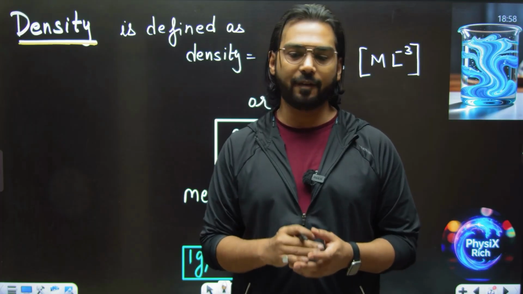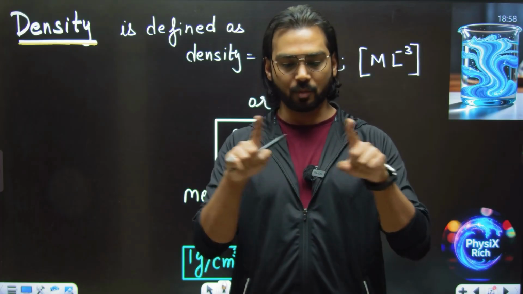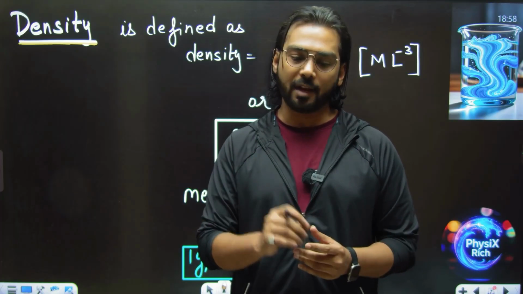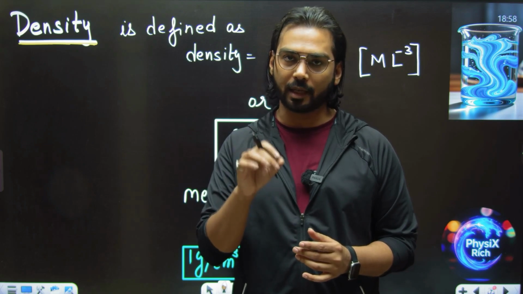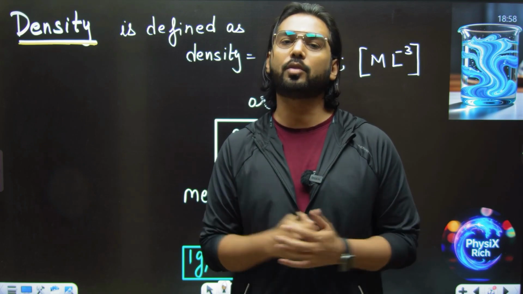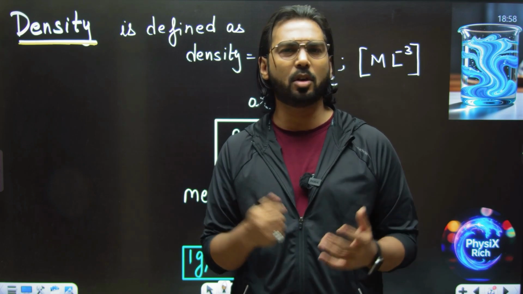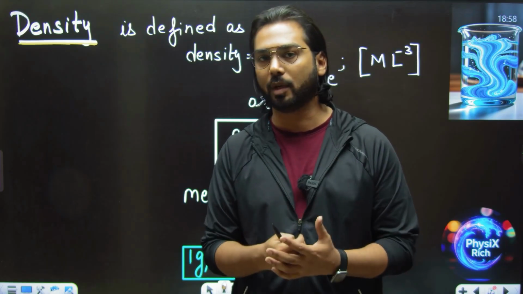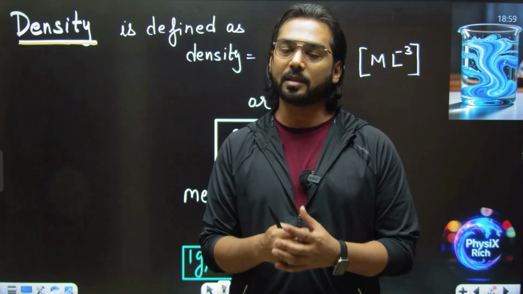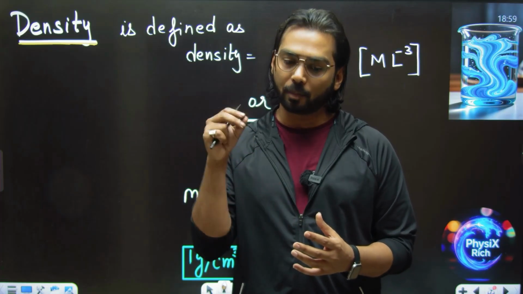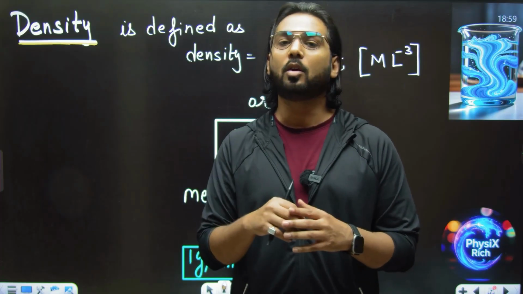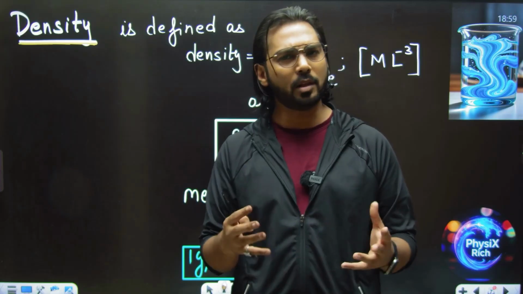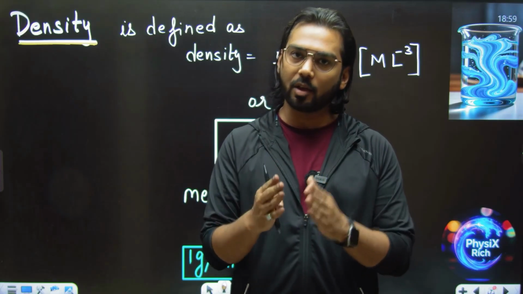For example, if I have a small box, and if I try to fill in cotton in there, how much cotton do you think I will be able to put? Perhaps not too much, right? Because the density of cotton is actually quite less, which means that the amount of mass that I will be able to push inside a small box of cotton is, well, not too much, which means that density of the cotton is less.